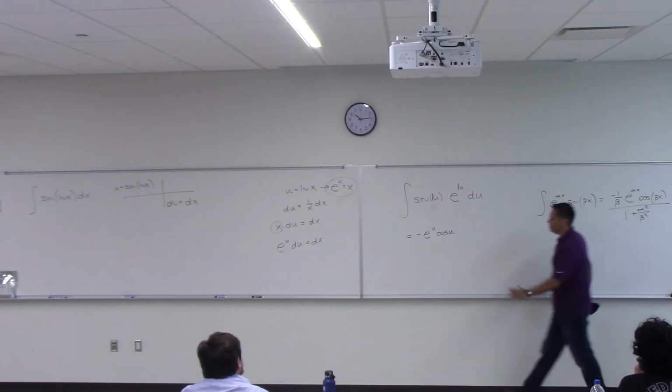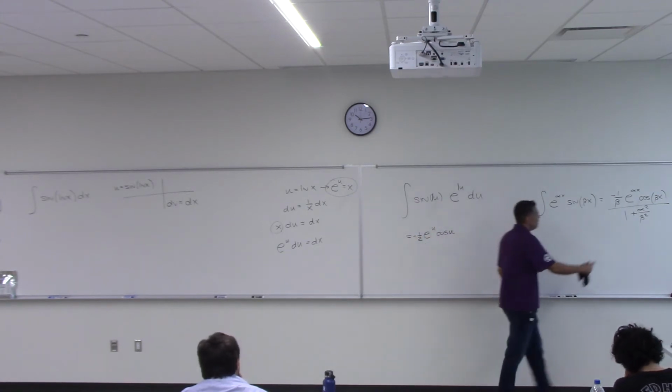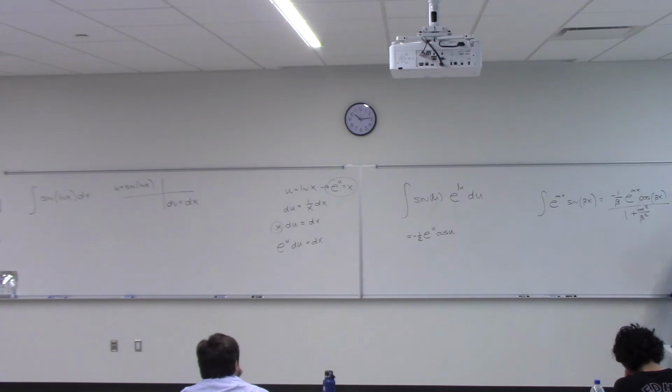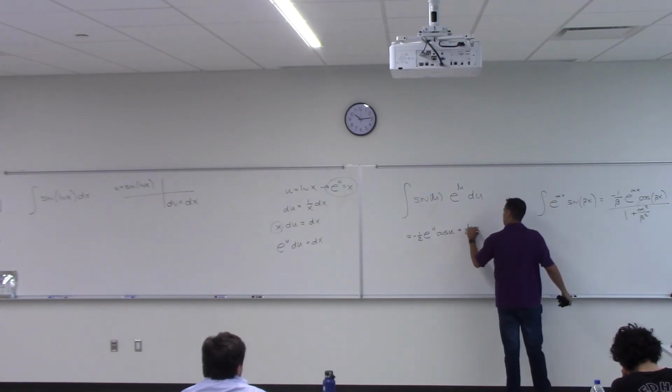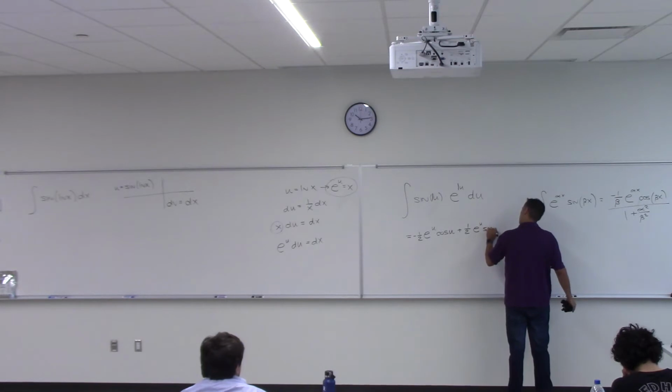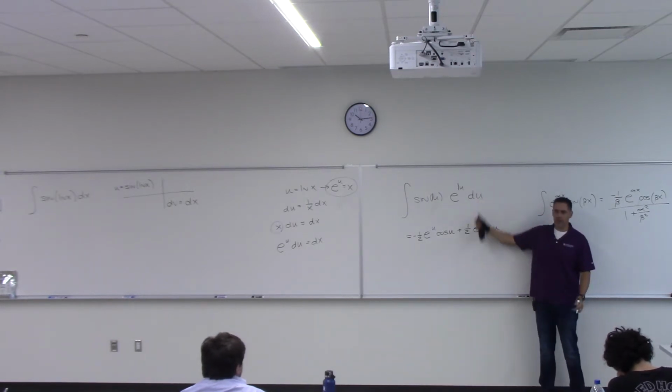So I'm just going to put a half in front of this, minus a half. And then over here, 1 e to the u sine of u. It'll be plus, and then I'll have a 2 on the bottom as well. So e to the u sine of u. That's the antiderivative, using the formula that we just came up with.